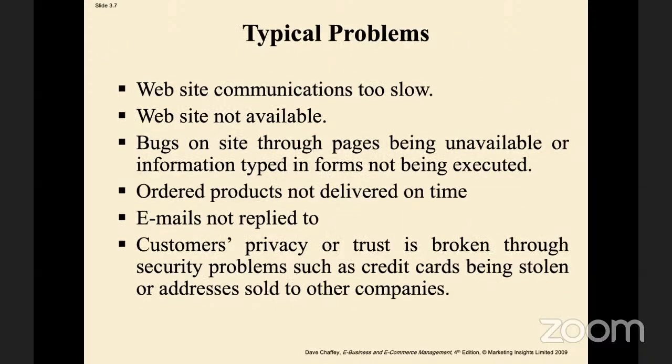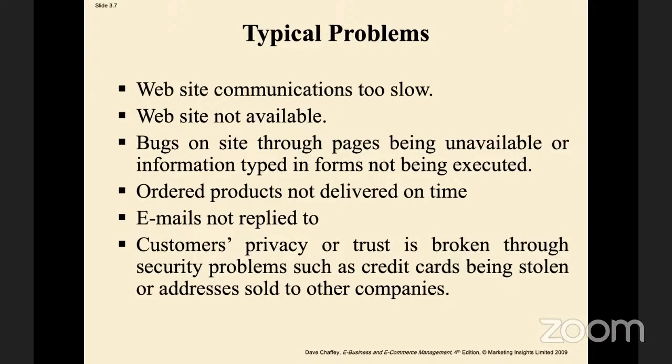Now, here is the list of some typical problems. What are the typical problems? Website communications too slow. It can be due to heavy themes, pictures, or overloaded content on the website, or due to the internet, or any other problem at the back end.